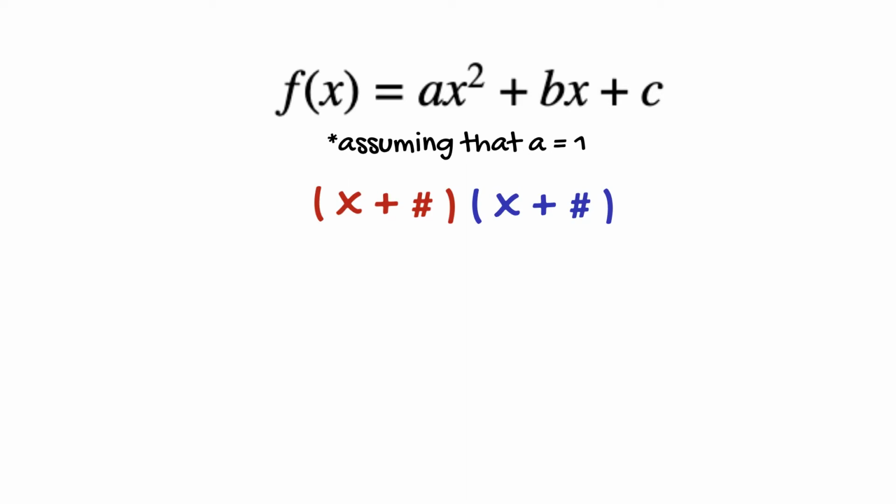These two numbers might be negative, they might be positive, but that's the premise: you're going to be able to break it down into x plus some number, x plus another number. So what you are looking for is two numbers that multiply to give you that last term c, but add to give you the b number, okay?